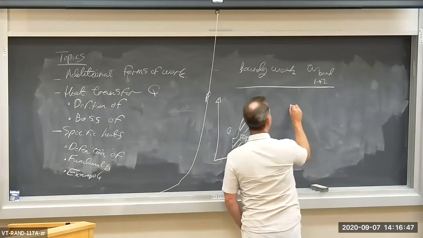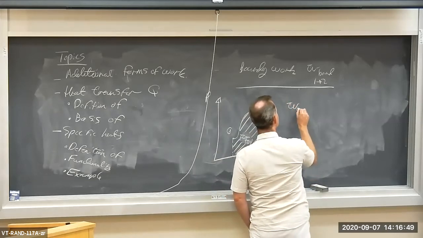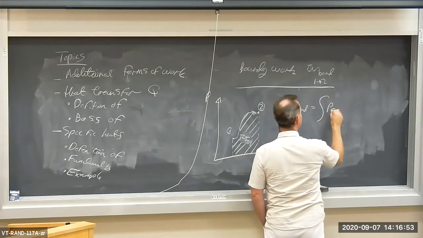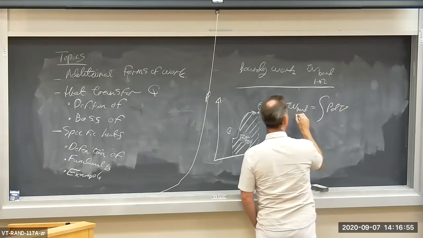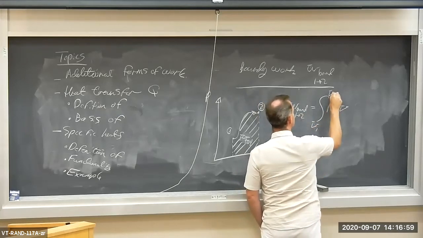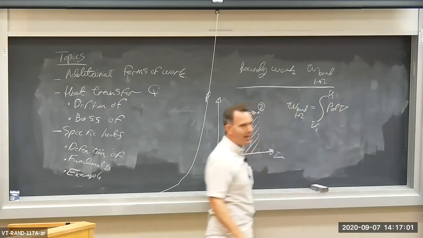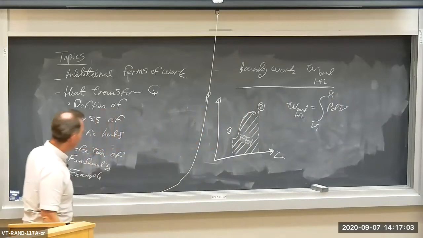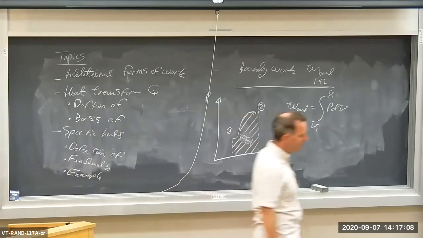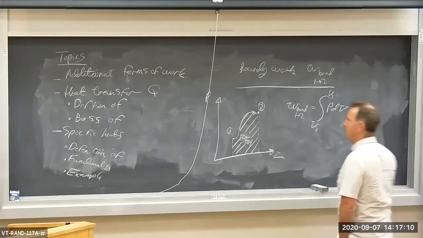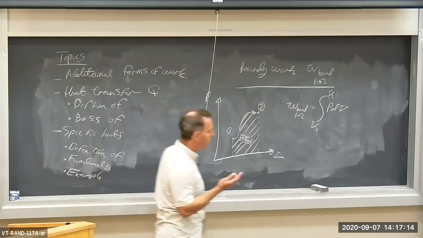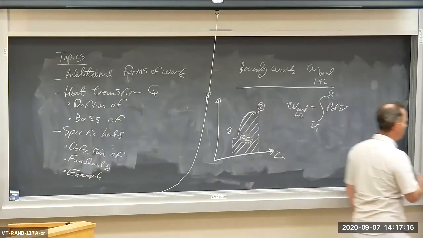Mathematically, boundary work is defined as the integral of PdV as we go from volume 1 to volume 2 along the path 1 to 2, okay? So that's how boundary work is calculated. By the way, the system is starting off with a certain volume, and let's say it's expanding.